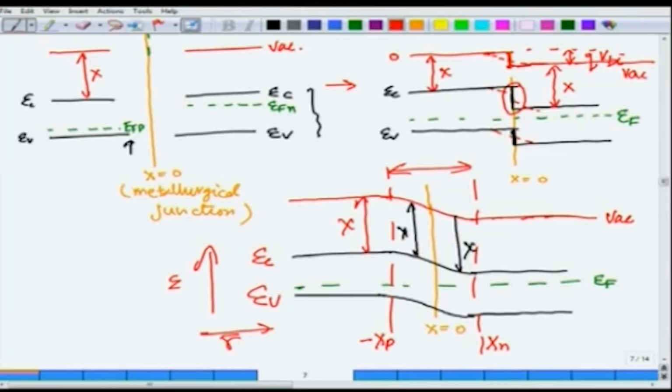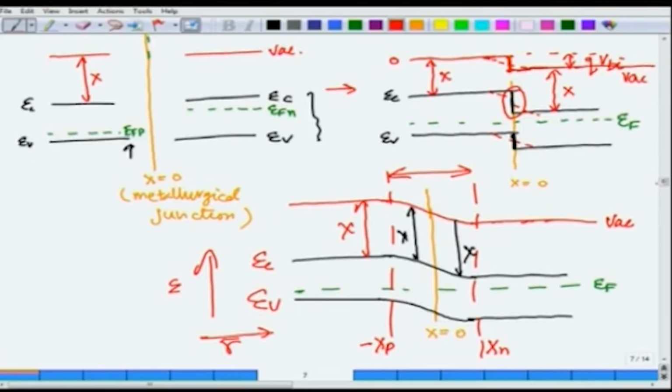Remember, voltage multiplied by Q is energy. So that is QVBi. Notice that this end of the semiconductor would be at higher potential, not energy. Q times potential is energy. We will learn this in further detail a little later. So this end would be at higher potential. Remember, electron energy increases in this direction.